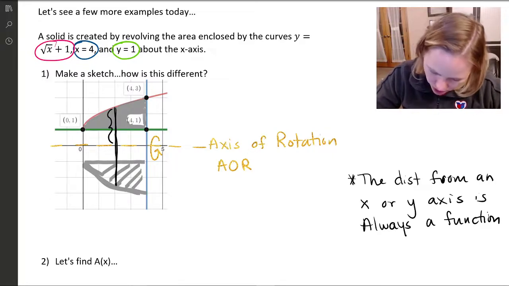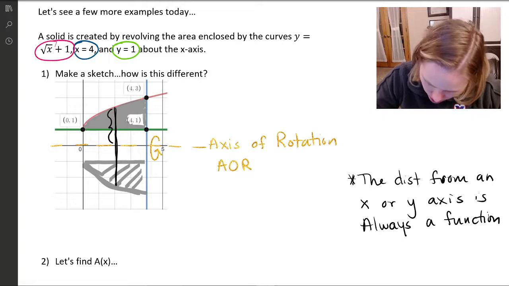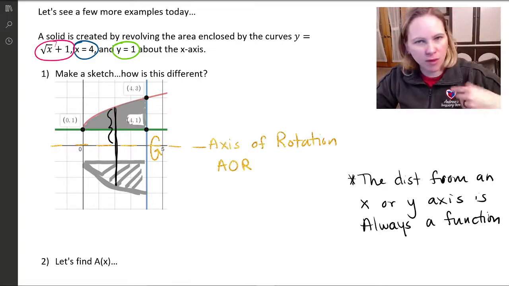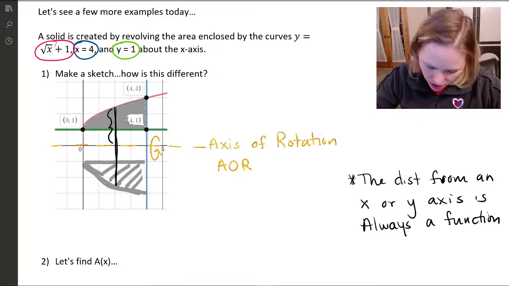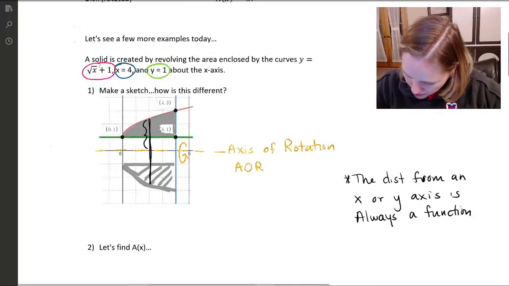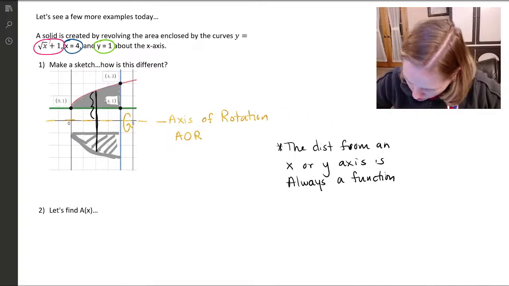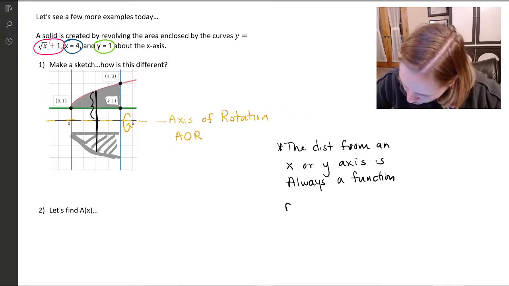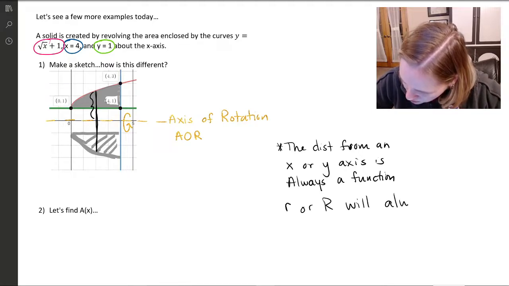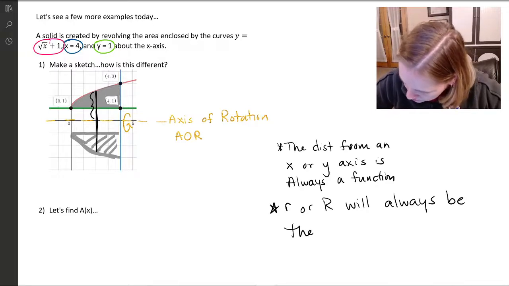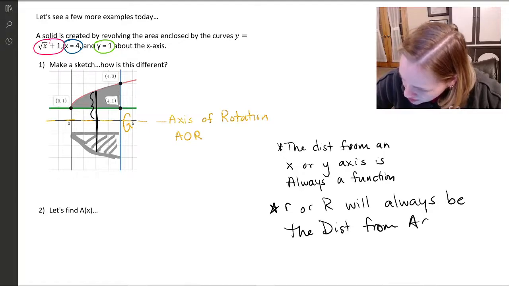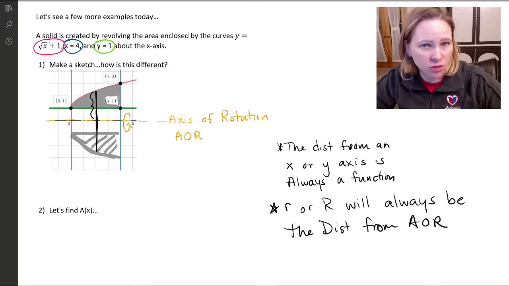So I'm going to make a couple of notes here. In my washer, the big radius, the longer radius, remember the radius always goes from the axis of rotation to the edge of the function. So that's another note we can make: when we're trying to find R, big R will always be the distance from the axis of rotation, which is not always the x or y axis, by the way.